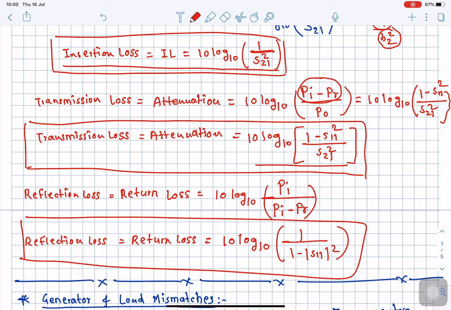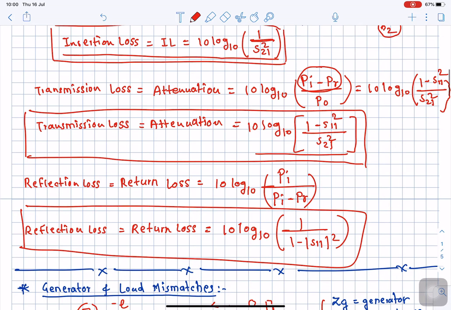Finally, the last type of loss that remains is the return loss. Sometimes it is also known as a reflection loss. And how is it given? In terms of again the three different power parameters: 10 log to the base 10 of input power divided by the difference of input power with reflected power. So it is given by this particular equation.